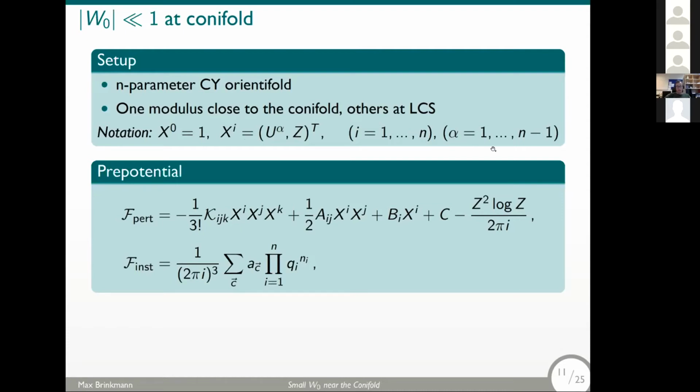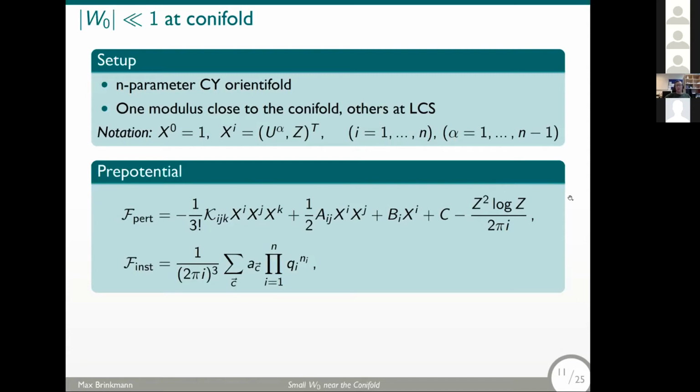Alpha in particular only runs over the large complex structure moduli, and I or J also run over all of the moduli. The prepotential here is then generally once again given by a cubic in all the moduli, and the typical z squared log z term we find from a conifold.